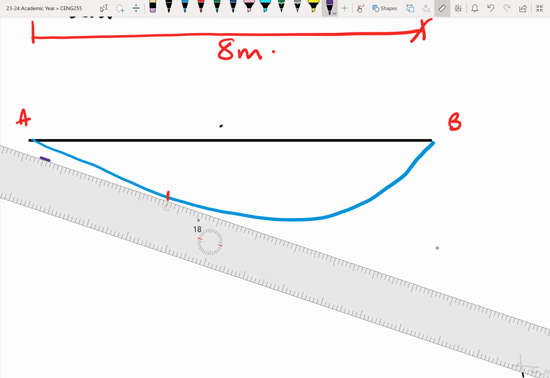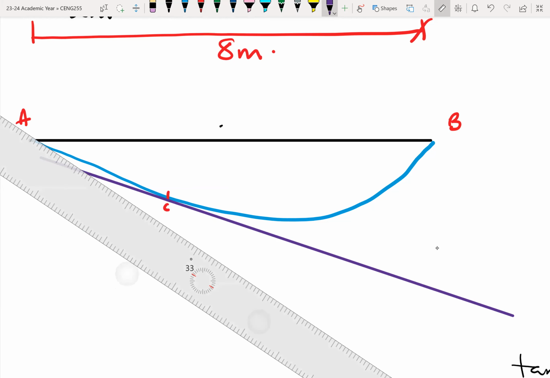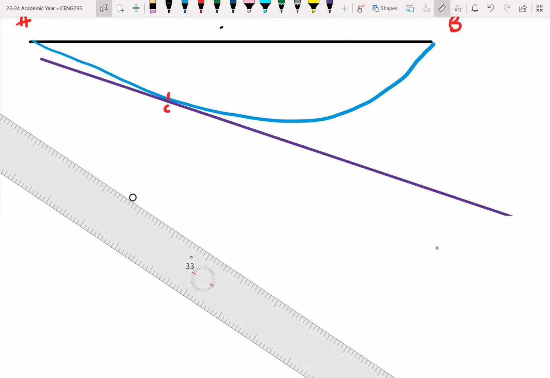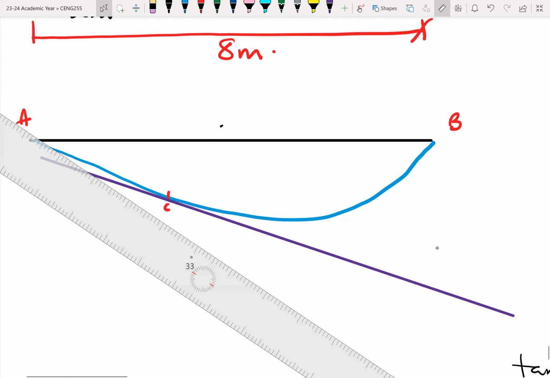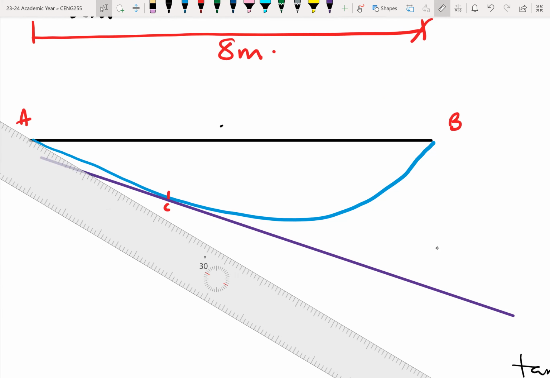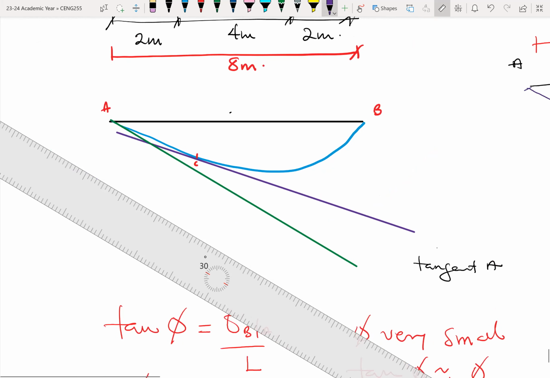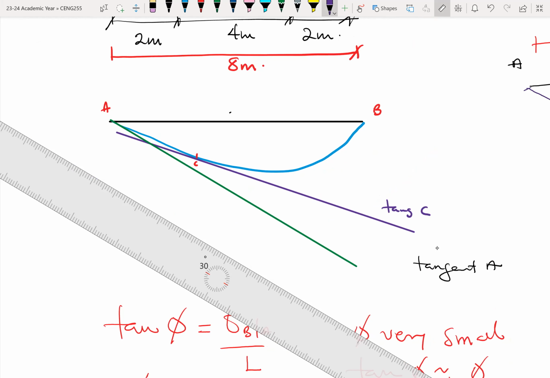So I can draw this tangent which is passing through C. Then I have another tangent passing through A. Let me use a green color for that. Let me label them nicely. This is the tangent passing through C. This is the tangent passing through A. It's just naming.